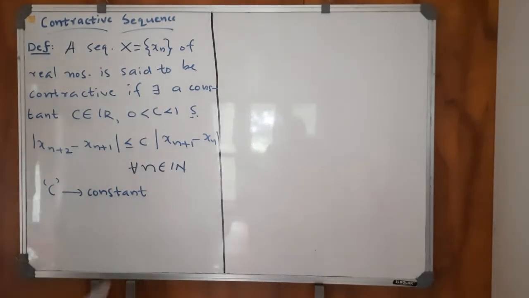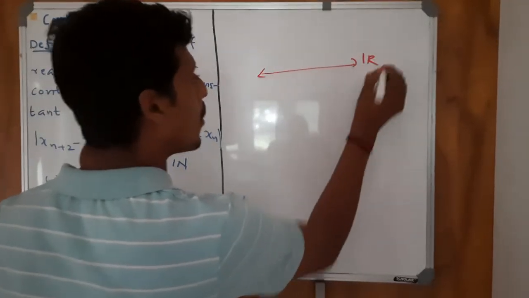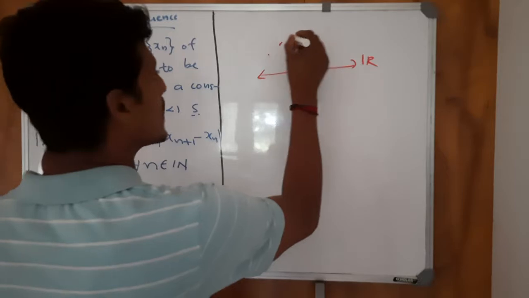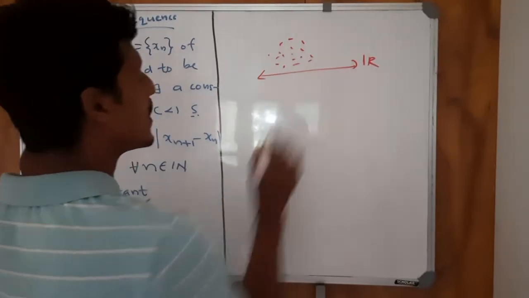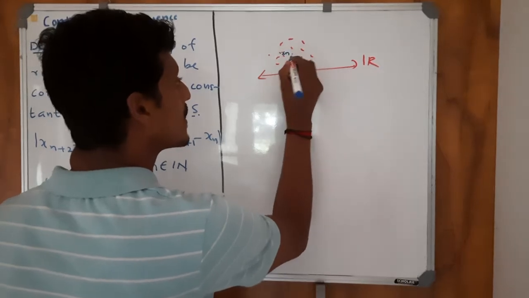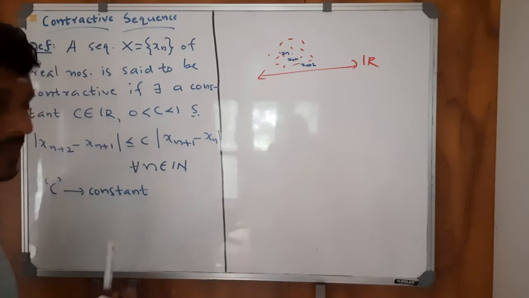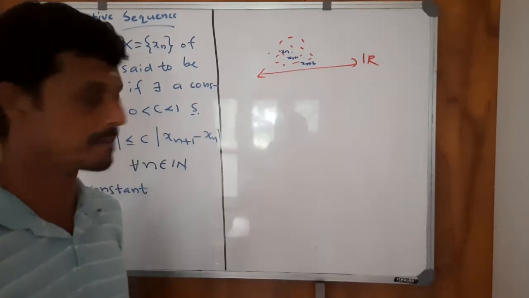Now let us consider a sequence of real numbers. These are the terms which lie on R. Say we have xn, somewhere xn+1 and xn+2.